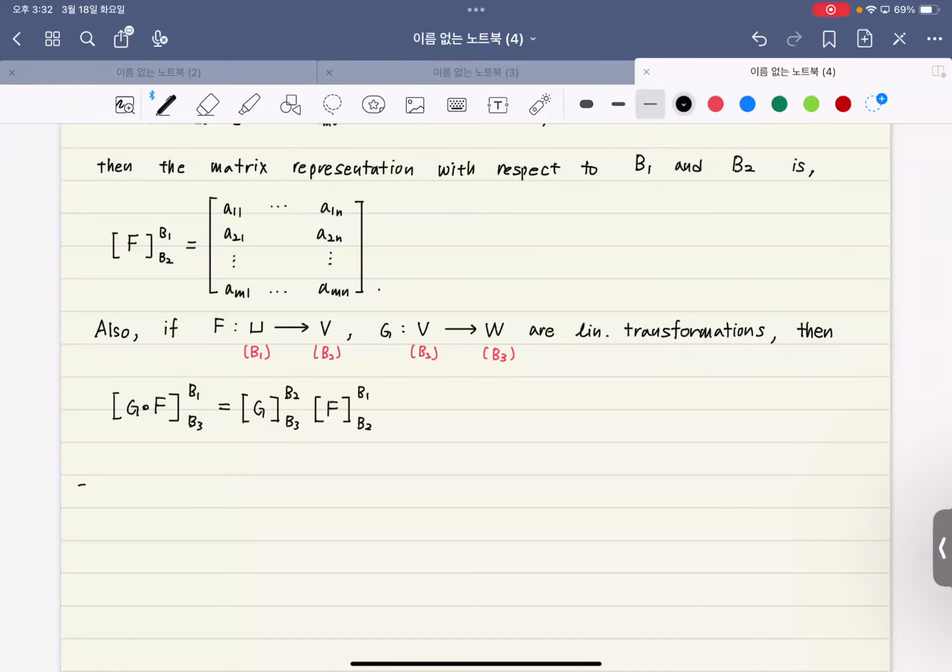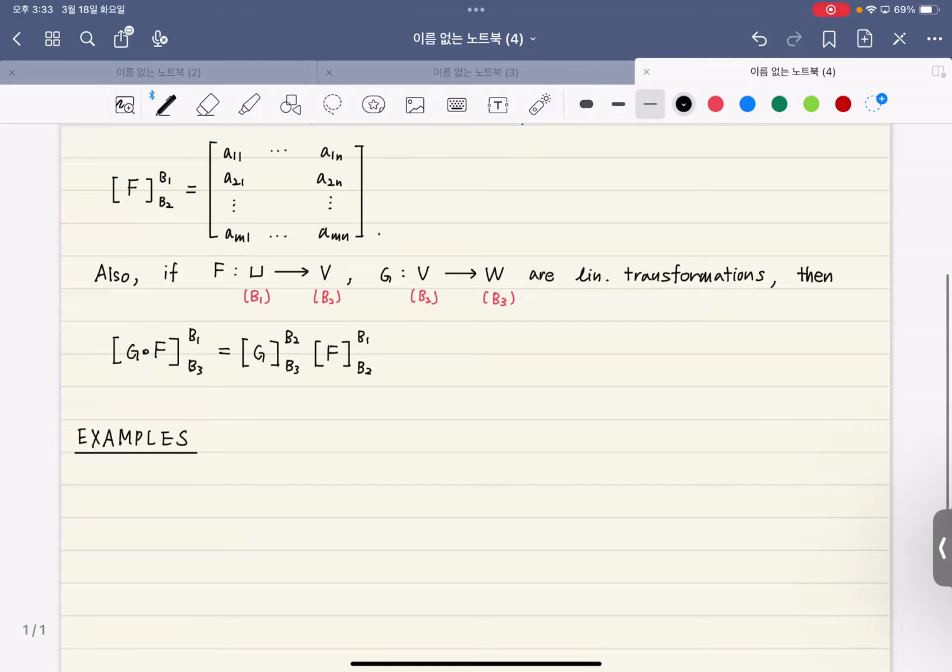Now, today we'll be discussing some very important examples of linear transformations, especially in two-dimensional Euclidean spaces. In our textbook, Professor Strang introduces three important linear transformations on the plane. The first one is the rotation. The second one is the projection.